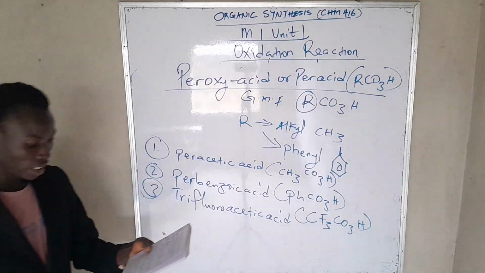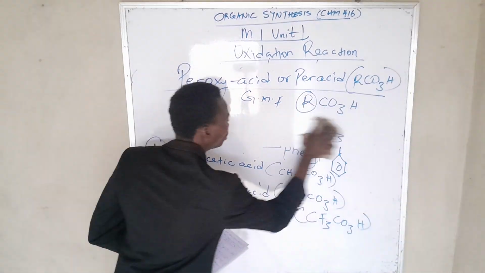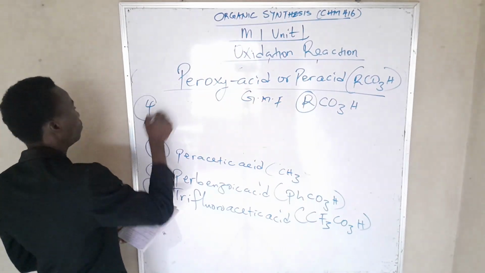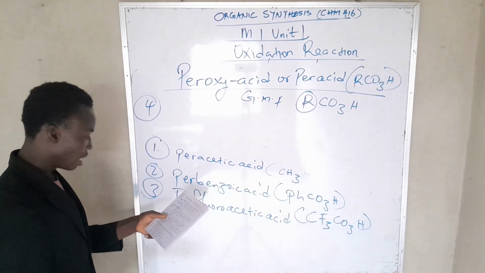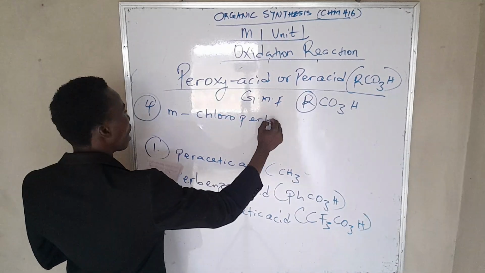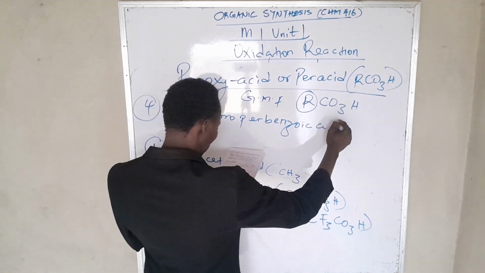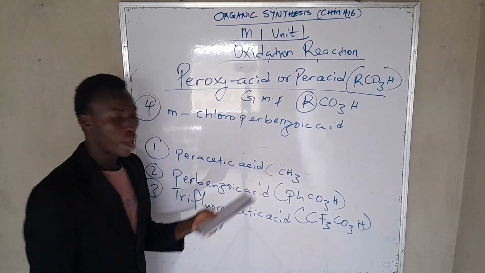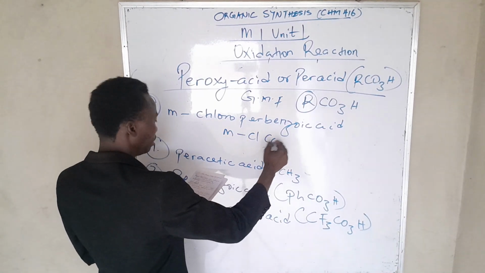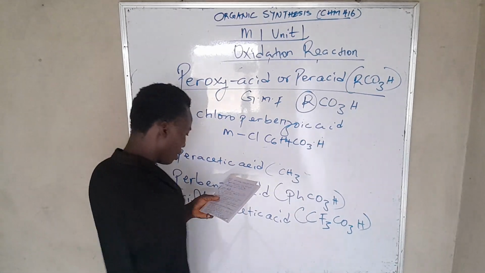That one is also present there. And the last one among them, my number 4, don't mind my arrangement there, is m-chloroperbenzoic acid, with the formula m-Cl-C6H4CO3H in this case.